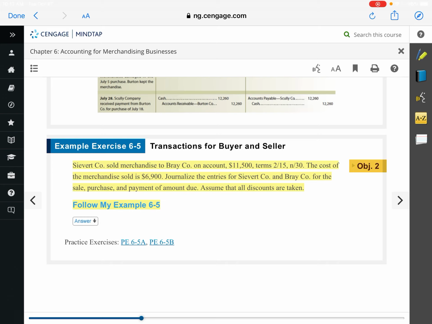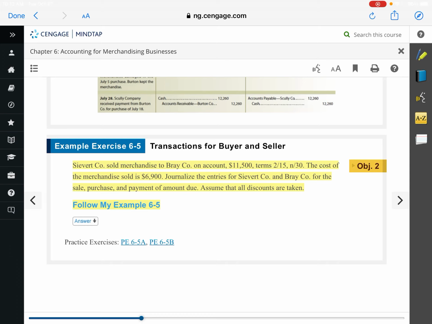How much are we going to debit? Would it be 11.5? Would it be 6,900? All right, so we purchased $11,500 worth of inventory, but they offered us a 2% discount, and we assume that all the discounts are taken. So what would the amount be?